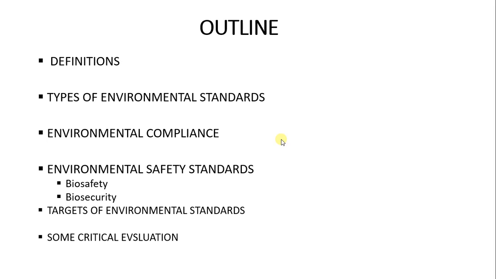Then we also need to describe what we mean by environmental quality standard. Remember, under definition, we have defined what is a standard and what is an environmental standard. Then environmental quality standard: it is a value generally defined by regulation which specifies the maximum permissible concentration of a potentially hazardous chemical in an environmental sample, either in the air or in water.